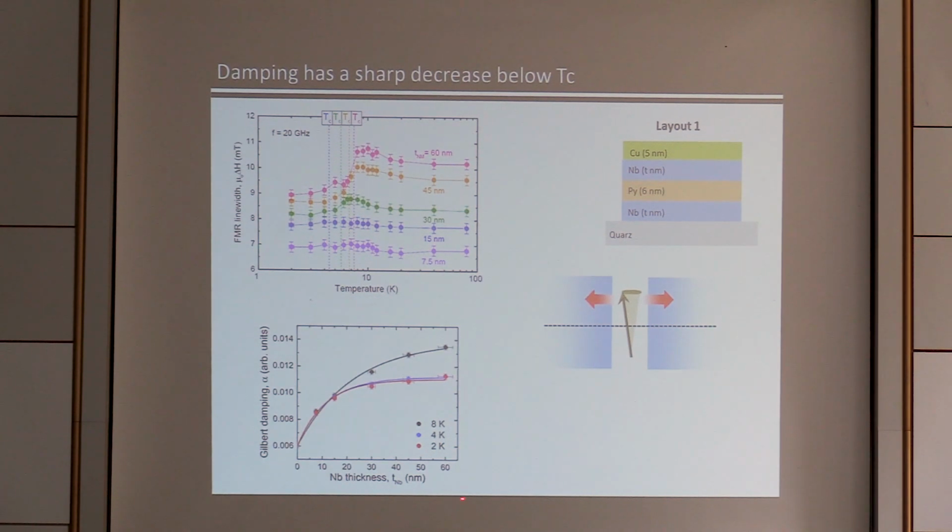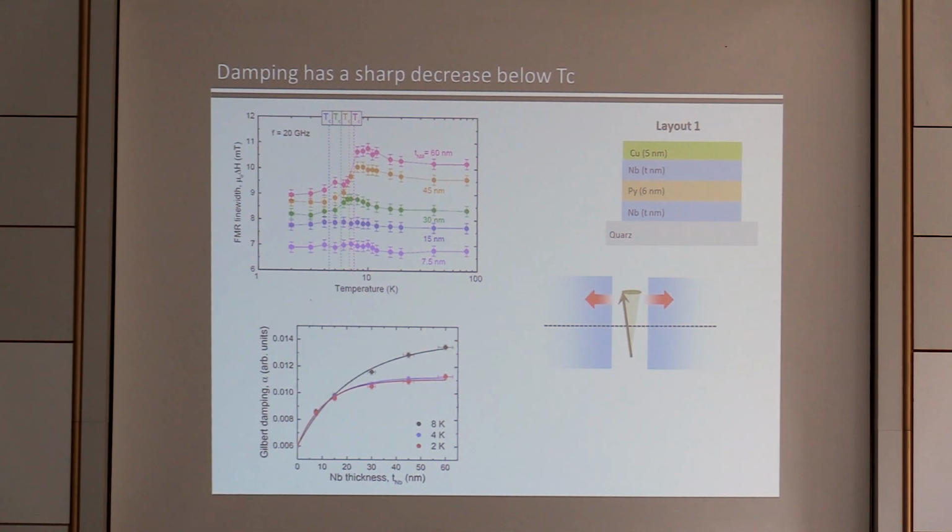So this graph represents the niobium thickness dependence of the Gilbert damping. The continuous line is a fit obtained with existing theories of spin pumping for normal metals in a diffusive regime. The diffusive regime is justified also in our case because the mean free path of charges in niobium is about 6 nanometers, which is below any thickness that we have used.